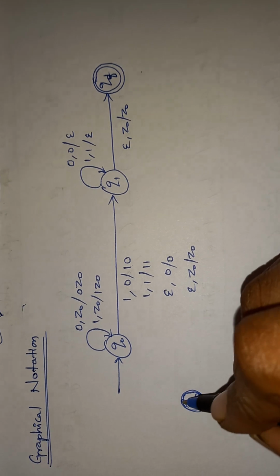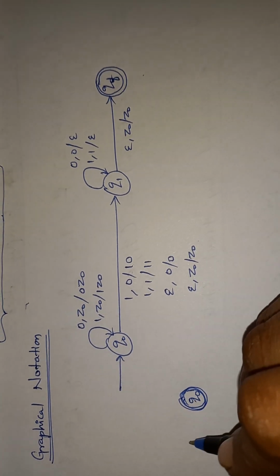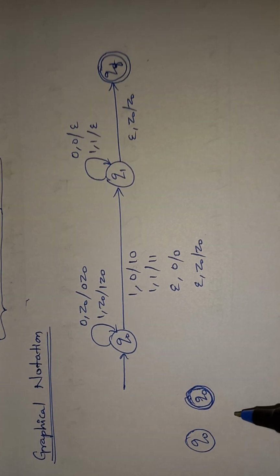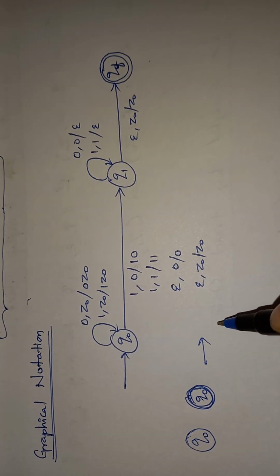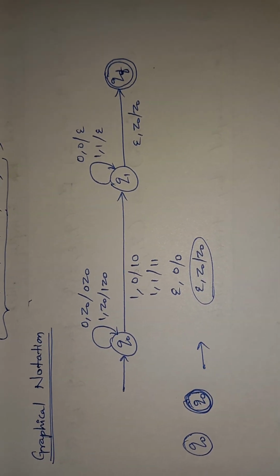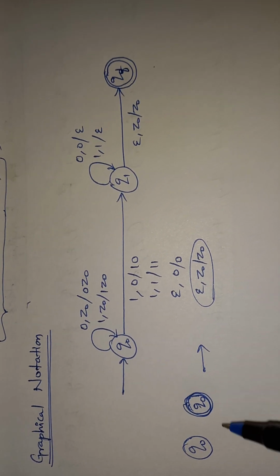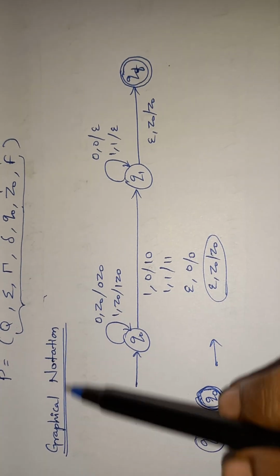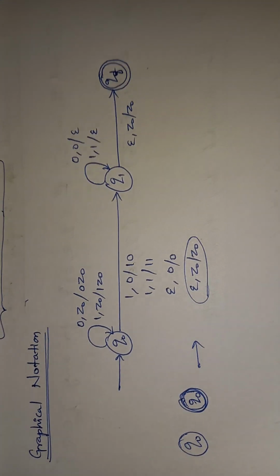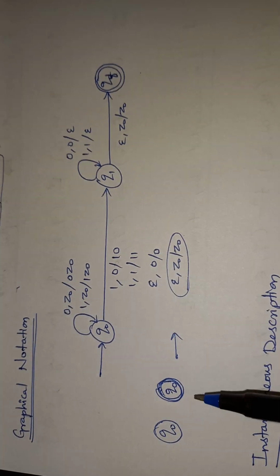When it is a double circle, it is a final state, and the initial or intermediate states are a single circle, then what the arcs are used for and how the representation is mentioned. So these things have to be explained when you are asked for the graphical notation, right? In the same manner, the symbols used in the diagram.